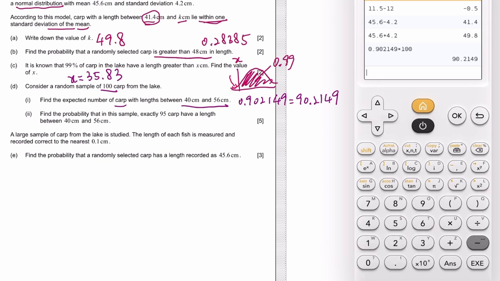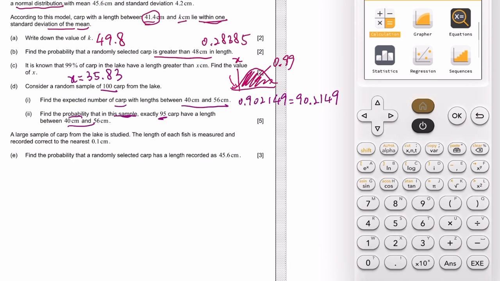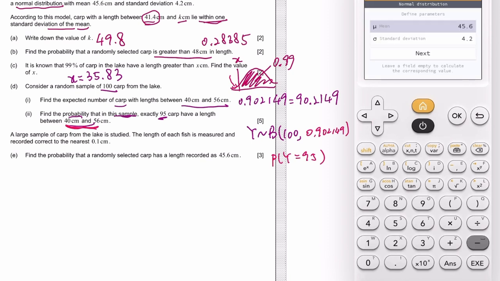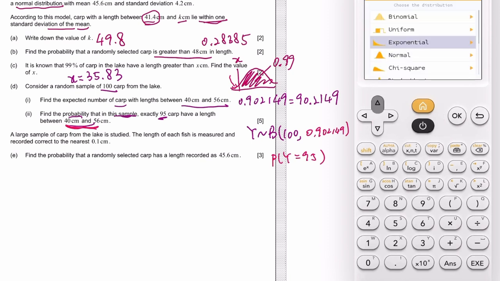The probability that in a sample of 100, exactly 95 are of this length. Now this is a binomial. The number of trials is 100. Success probability is the probability that one carp is between 40 to 56, so it's 0.902. You want y to equal 95. So where's my binomial?